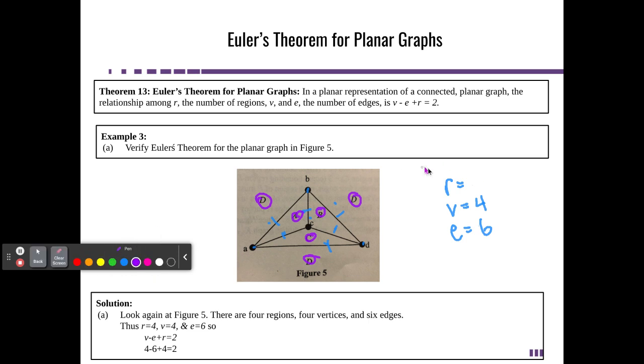So to verify that Euler's theorem for planar graphs holds, we can plug this in and say, all right, 4 take away 6 plus 4 is equal to 2, so check. According to the theorem, this would be a planar graph because of the relationship between the regions, the vertices, and the edges.